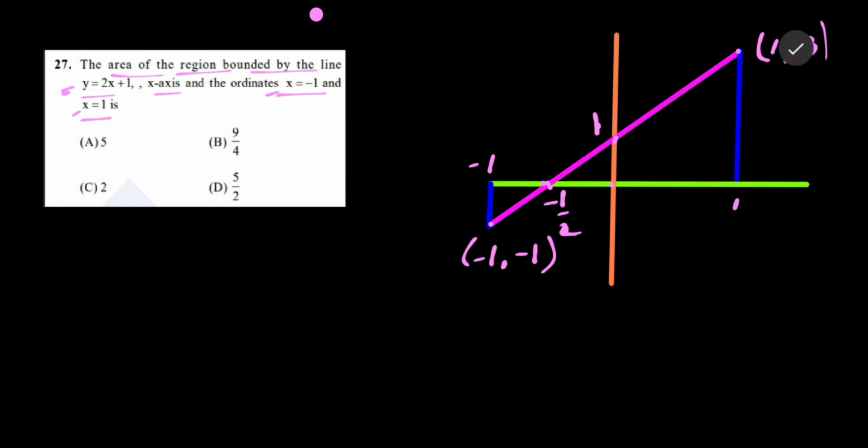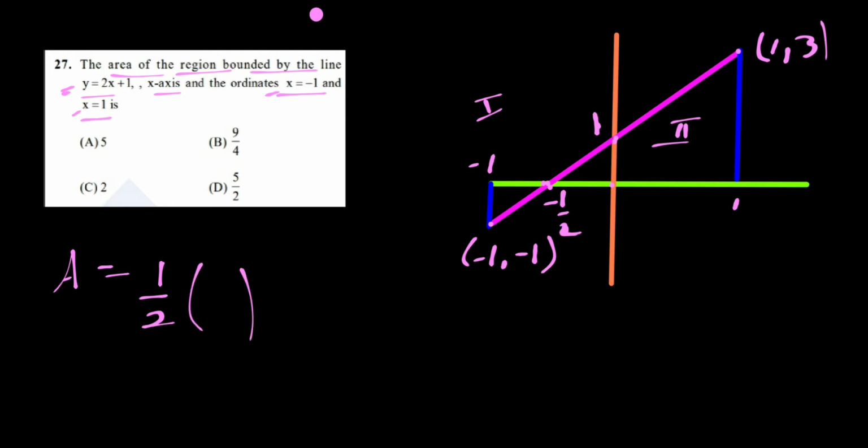Now by this diagram you observe, there are two triangles, the first triangle and the second triangle. So the required area is nothing but the two triangles' area. So the required area A is equal to the area of a triangle, half into base into height. The small triangle, the first triangle area, is half into base.